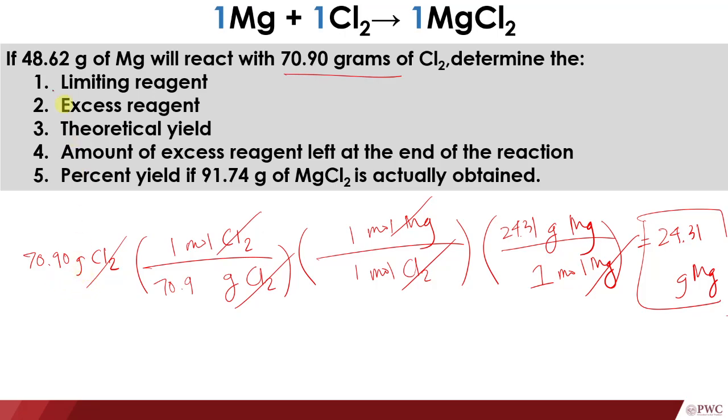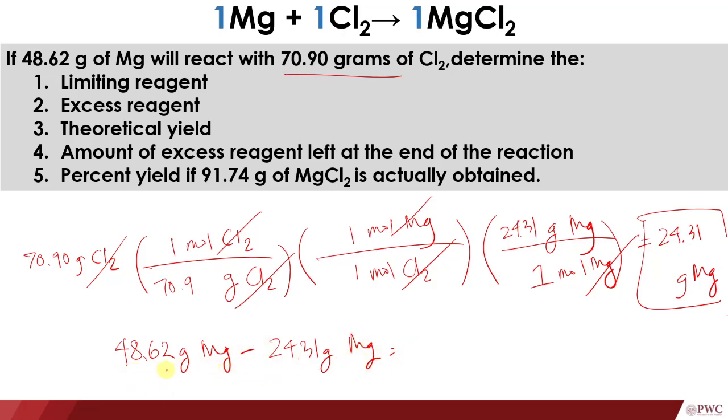But we have 48.62 grams of magnesium. But from this mass, only 24.31 can react with the limiting reactant. So here we only have 24.31 grams of Mg reacting, so there's an excess.